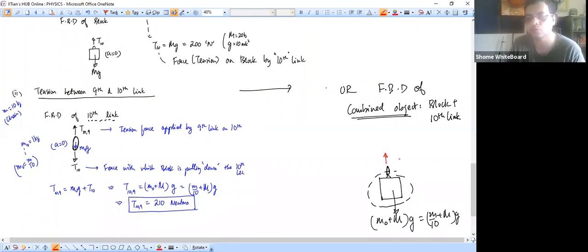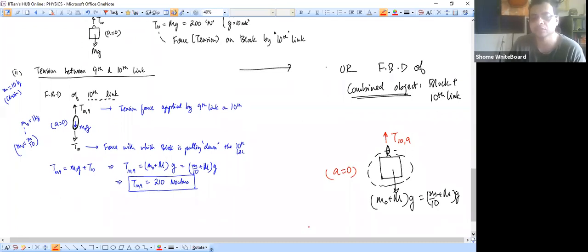This is the force on the 10th link applied by the 9th one, and its acceleration is 0. Okay. So then, without taking help of the earlier free body diagram, I can understand from this that the tension on the 10th link applied by the 9th one is vertically upwards, and it's equal to 210 newtons. Okay. This thing comes directly.